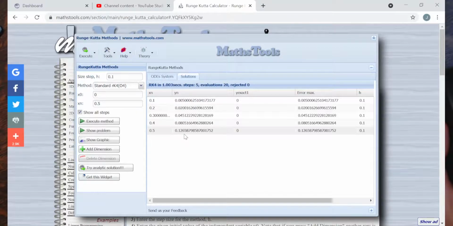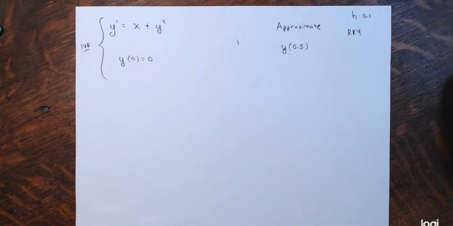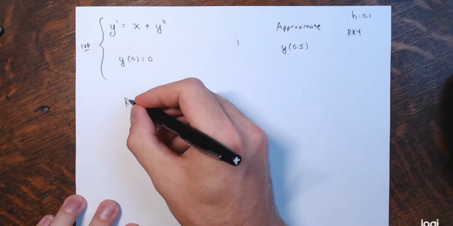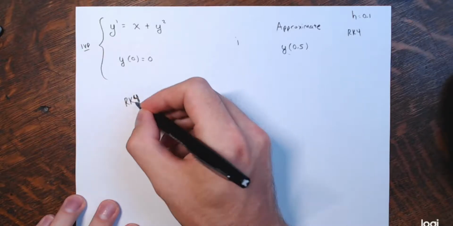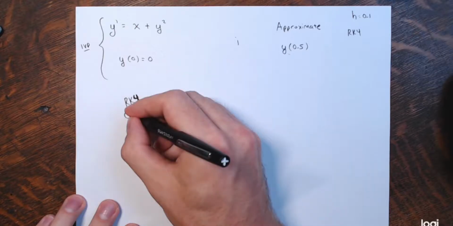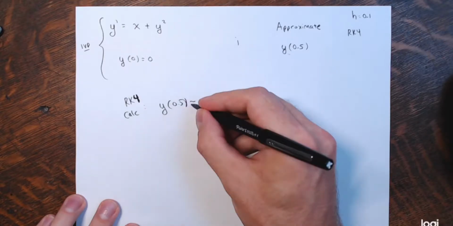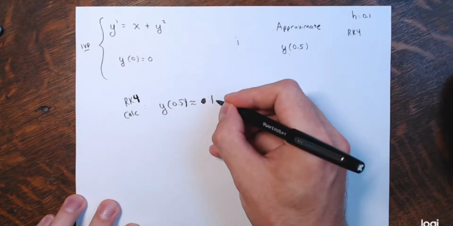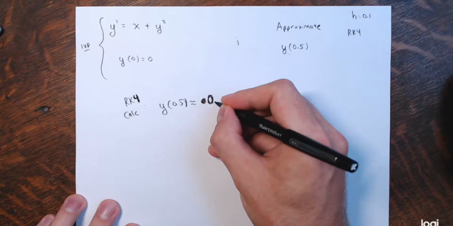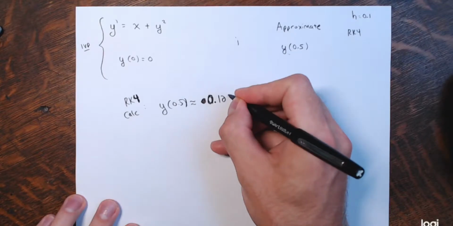So using the Rk4 calculator, y at 0.5 is approximately 0.1266.